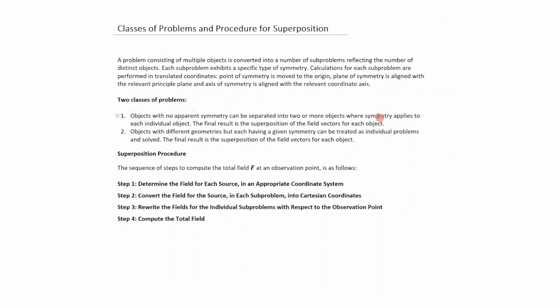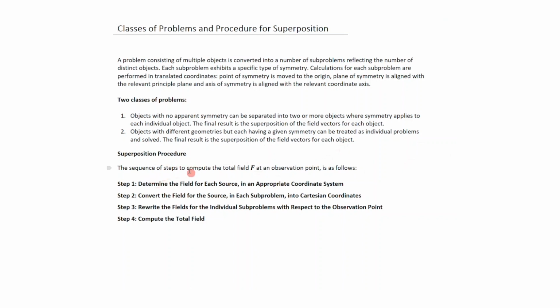So that's one possibility. The other possibility is objects with different geometries, each having a given symmetry, can be treated as individual problems and solved. In other words, they're distinct problem geometries from each other. And so it's clear just by visual inspection that you have, say, a sphere and a cylinder. Again, the final result is the superposition of the field vectors for each object. So what is the superposition procedure in a nutshell?